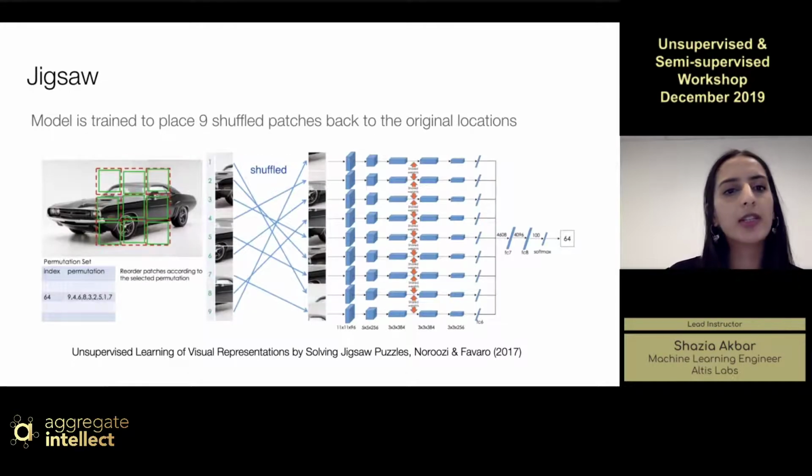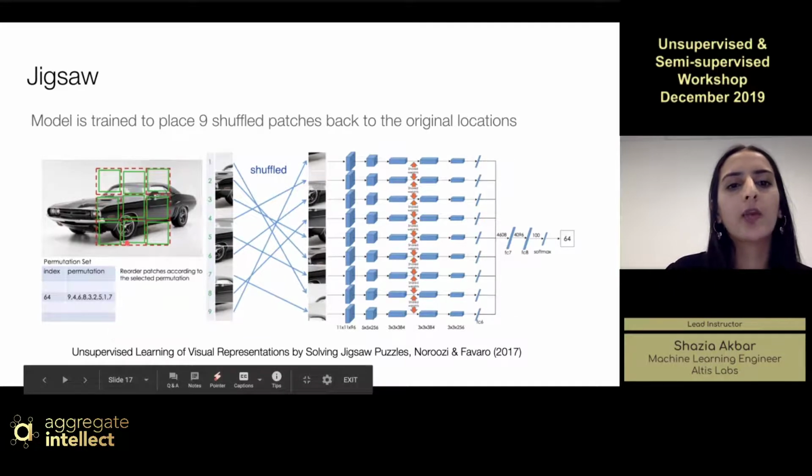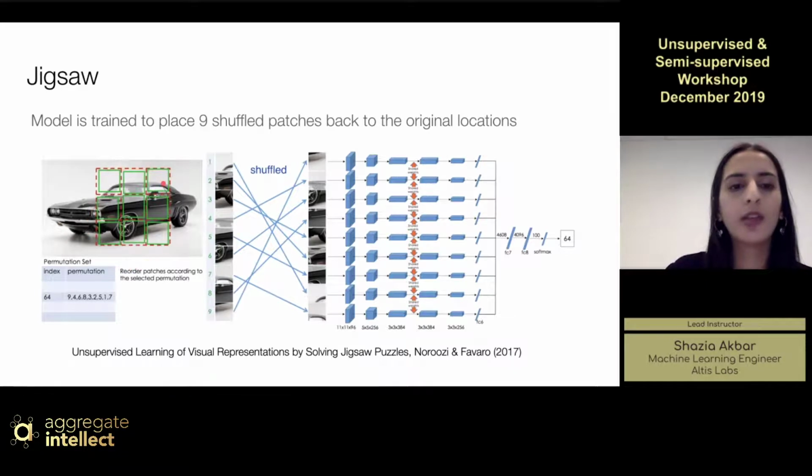But actually in 2017, this step was taken a little bit further, where instead of just taking one random patch for each component within an image, they took 9 different patches, randomly shuffled all of them, and then they each went through a model or architecture.